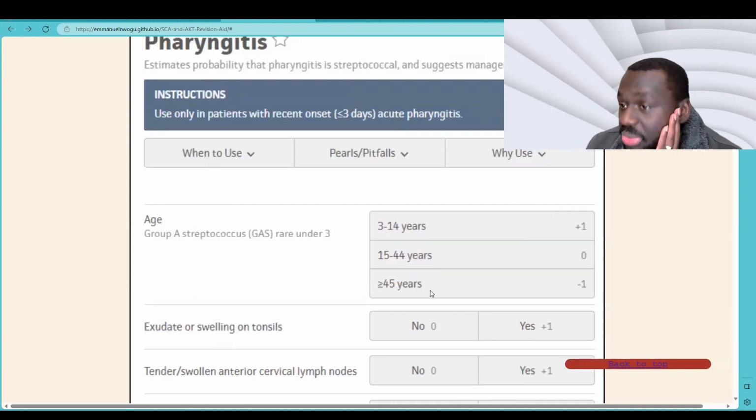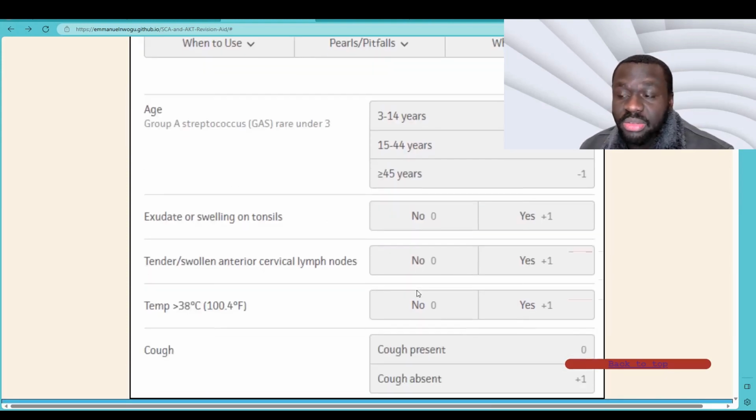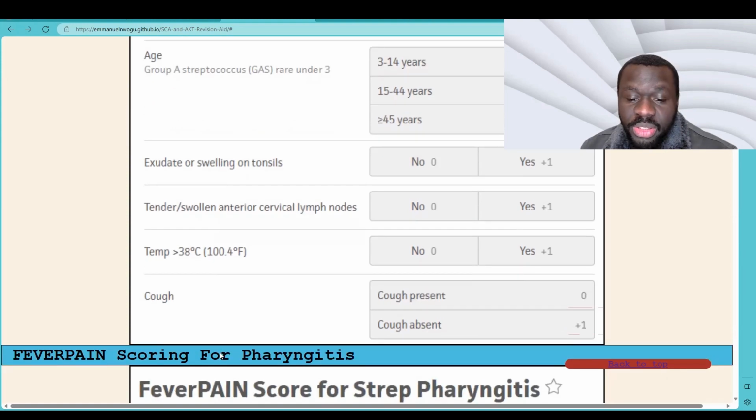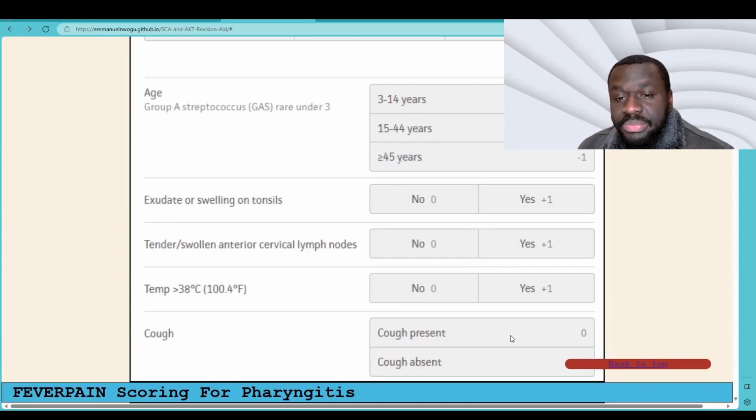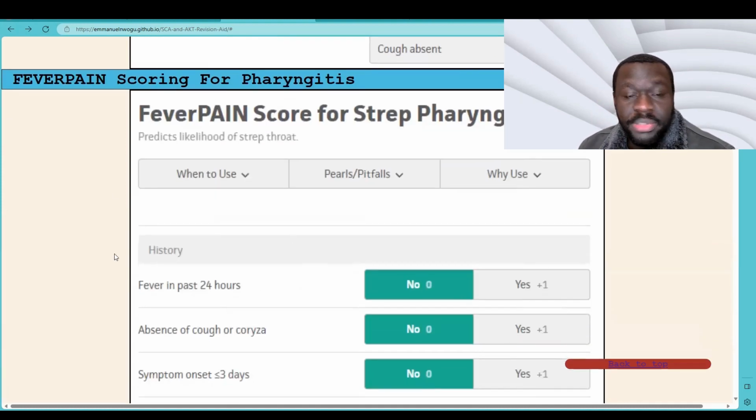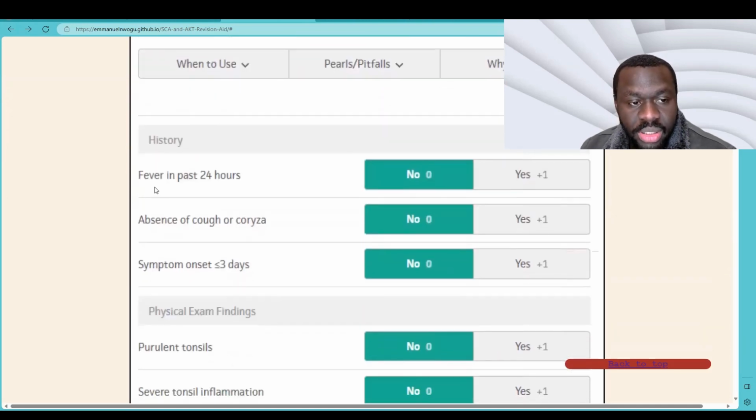So how do you apply these in the SCA? The most important thing is to know that these are the questions you should be looking at. Temperature, fever more than 38 degrees. If cough is present, it's less likely to be streptococcal pharyngitis. If there's absence of cough, then it's more likely. I usually prefer the FeverPAIN anyway.